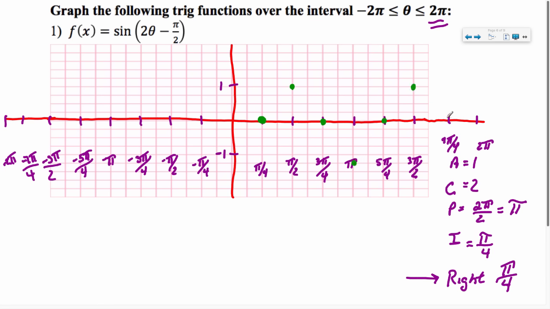Now we have to get all the way over here to 2 pi. Cool. Now, to the left, we're going to be minimum, midline, maximum, midline, minimum, midline, maximum, midline, minimum. Let's see.